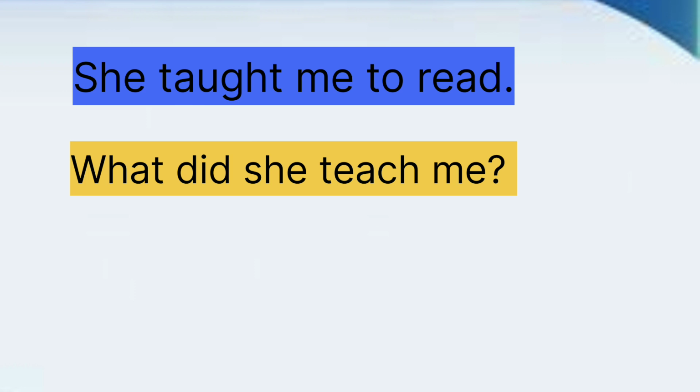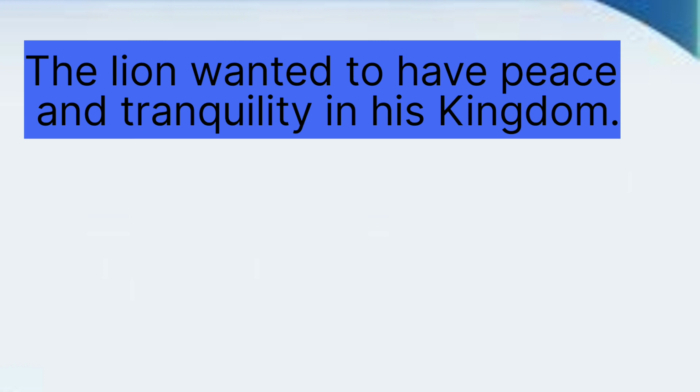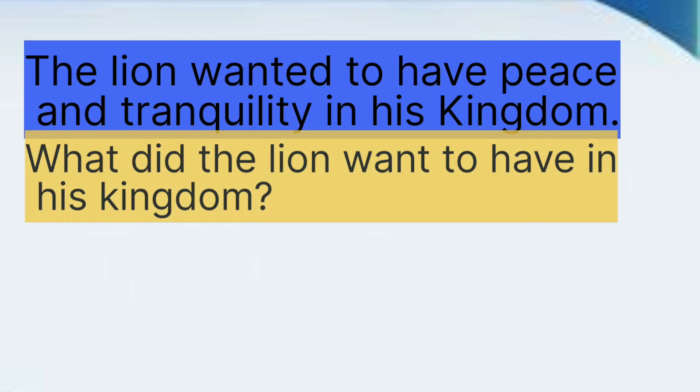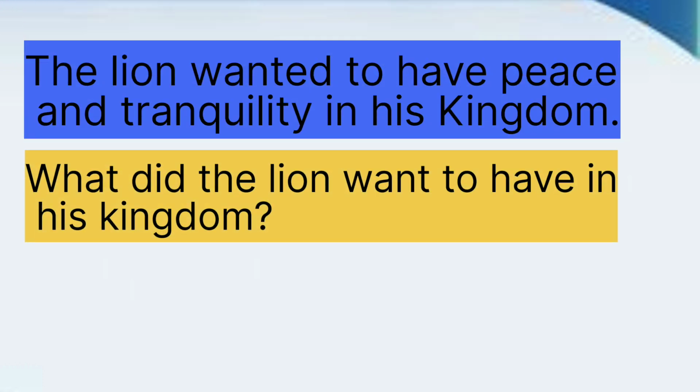And then the second form of the main verb should be converted into the first form of the main verb. The next example: the lion wanted to have peace and tranquility in his kingdom. The underlined part is peace and tranquility. The question is: what did the lion want to have in his kingdom?